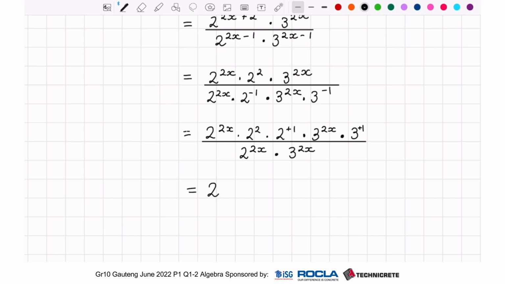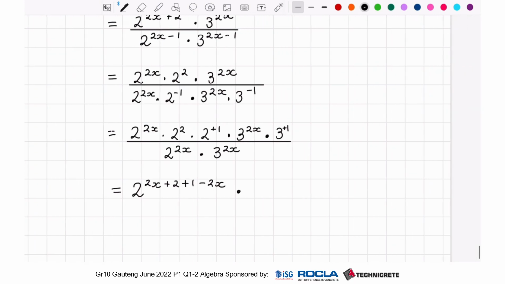So for my base 2, I've got a positive 2x plus a 2 plus a 1, and then this one at the bottom is going to be negative, so I'll have minus 2x. And with the base 3's, I've got a positive 2x in the numerator plus 1, and then I've got this one that's in the denominator, so this exponent is going to be negative, and that's minus 2x.